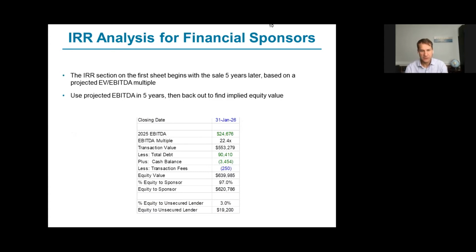So here's what IRR will be based on. The major driver for IRR will be the sale of the company at the end of the holding period. So we'll assume that 5 years later, in January 2026, Home Depot gets sold again. Could be an IPO, could be another private equity firm that buys it. And we will assume on exit, the same multiple of EBITDA.